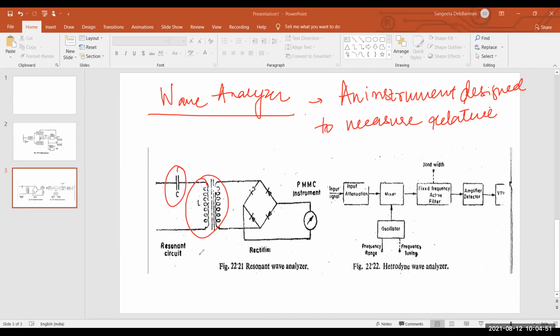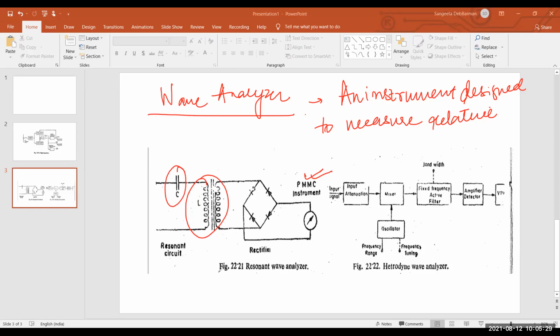Now the signal is rectified and measured by a PMMC instrument calibrated to read the peak value of the sinusoidal voltage. See here, the PMMC instrument is connected, calibrated to read the peak value of the sinusoidal voltage.